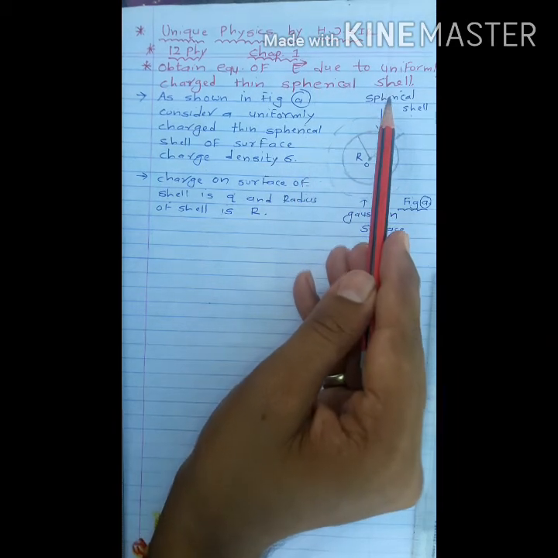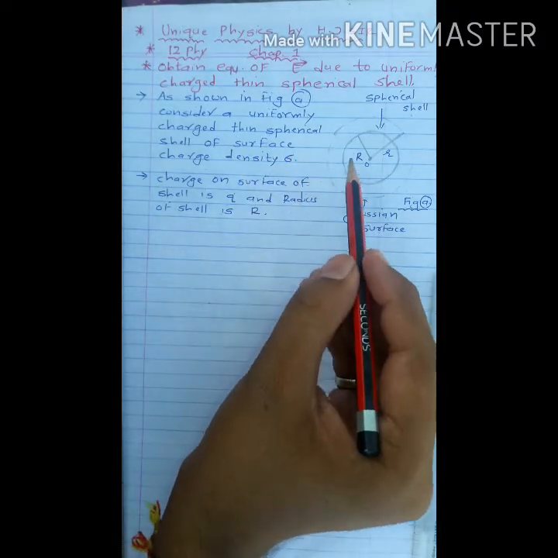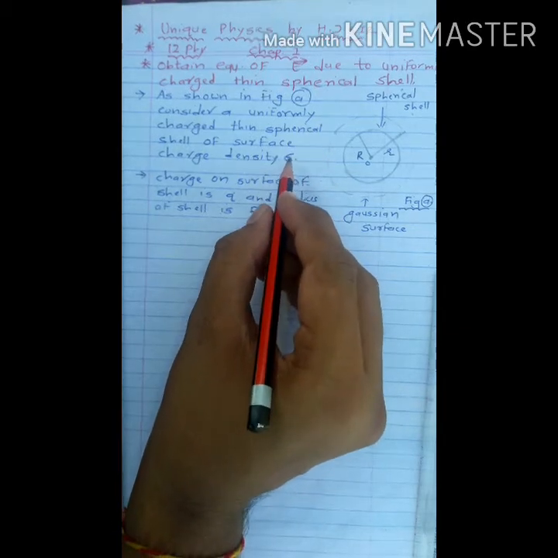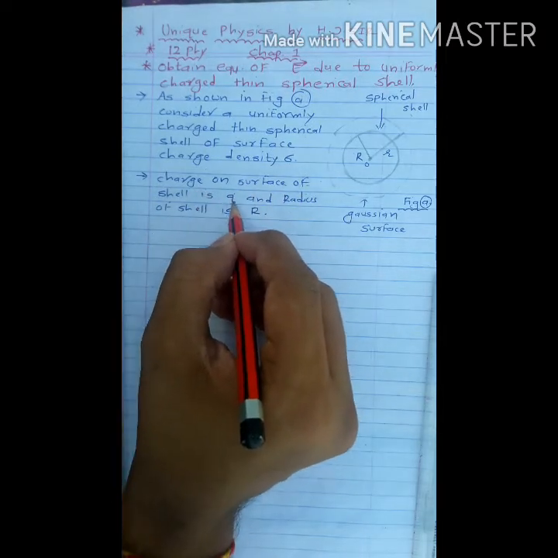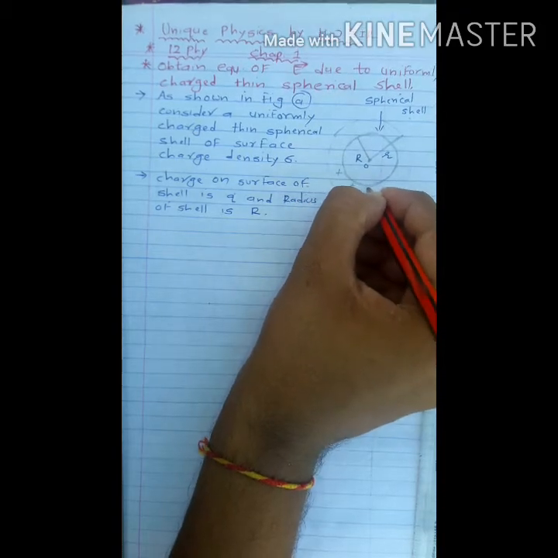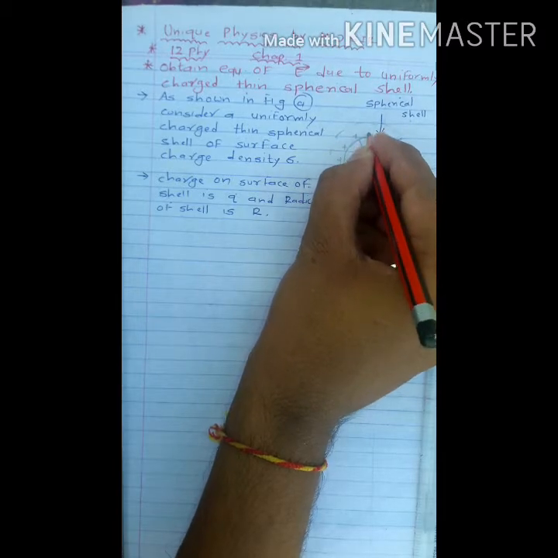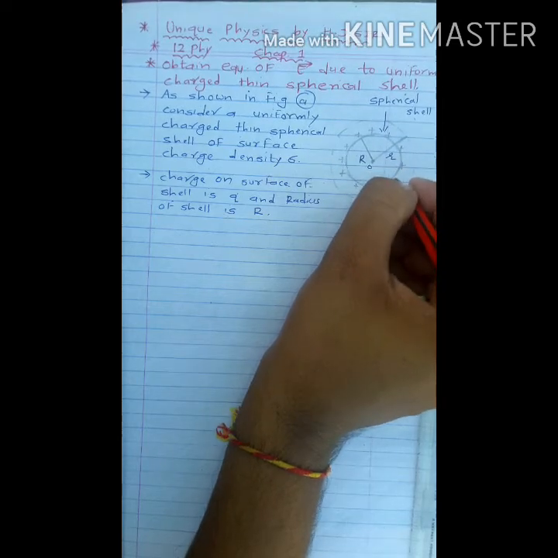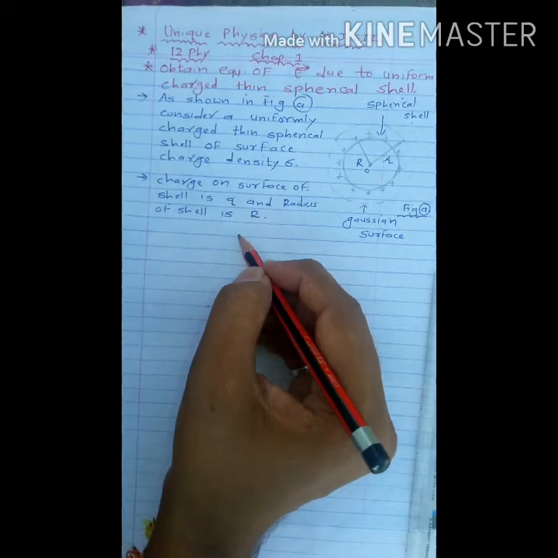The spherical shell is a two-dimensional concept, that's why we use surface charge distribution, and surface charge distribution has surface charge density sigma. Now suppose the charge on the surface of the shell is small q. Suppose small q charges are uniformly distributed on the surface of the shell, and the radius of the shell is capital R.